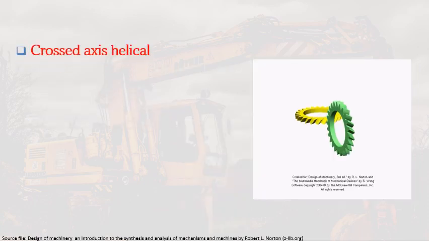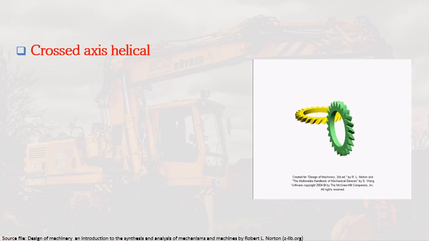Then we have the cross-axis helical gears. So we can actually, unlike the spur gear, wherein we can only mate them when they have parallel axes, for helical gears we can actually mate them even if the axes are not parallel.